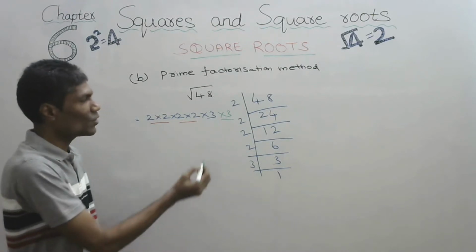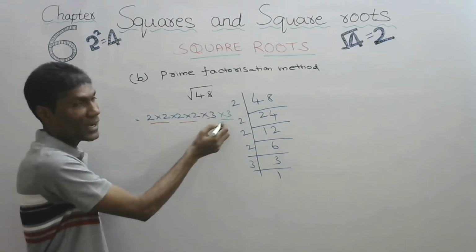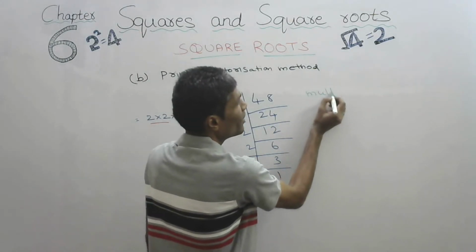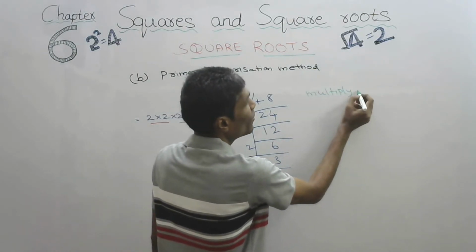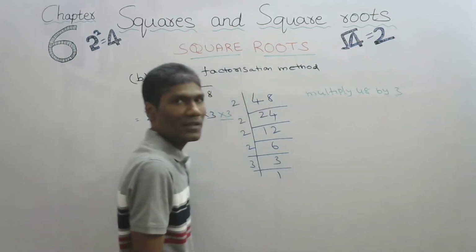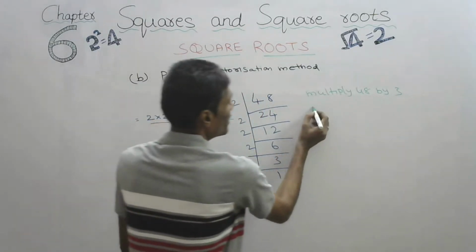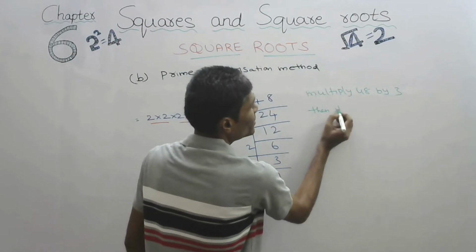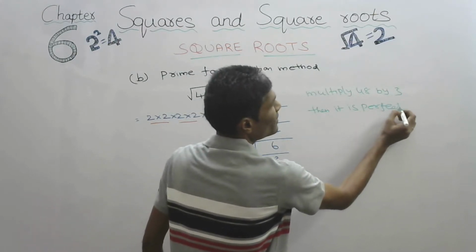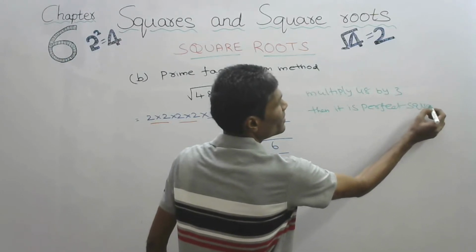So we should multiply 48 by 3. Then it is a perfect square. Isn't it?